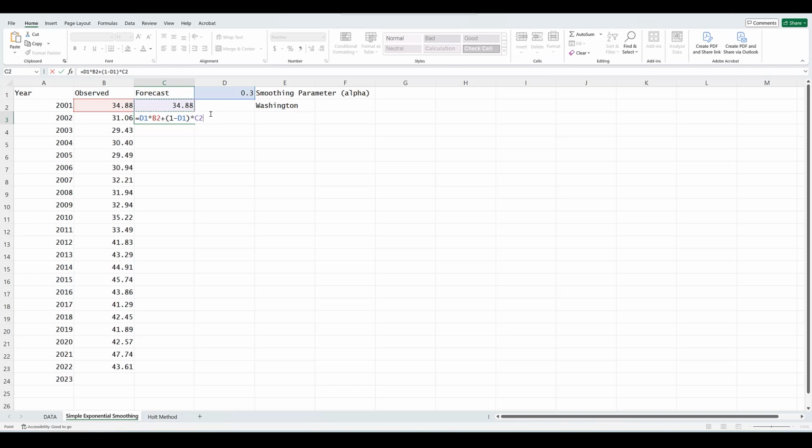So here note that if you are dragging this down, then we need to have the smoothing parameter remain in cell D1, so we can put dollar signs around this.